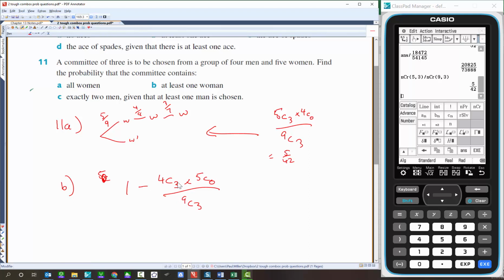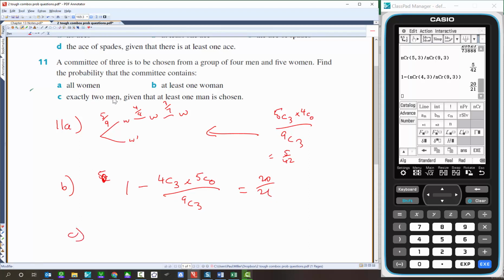The reason I'm doing 1 take away that is that this is the probability of getting all men, and at least one woman means not all men, so we remove that from 1. So that's 1 take away nCr(4,3) over nCr(9,3). I don't know whether the brackets were needed there, but I'm not taking any risks. That gives 20 over 21.